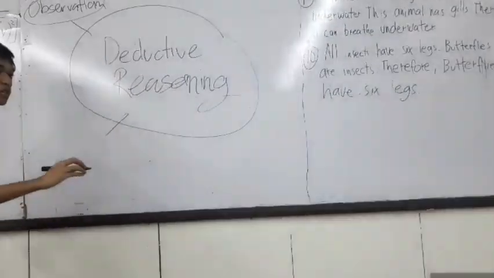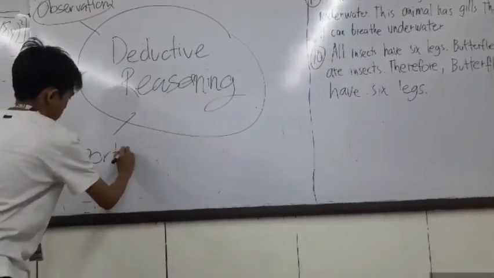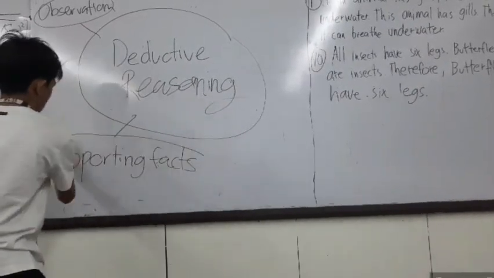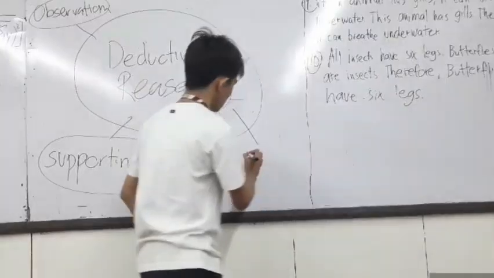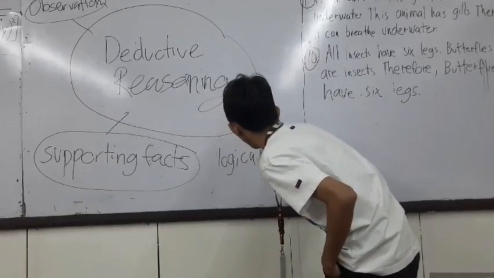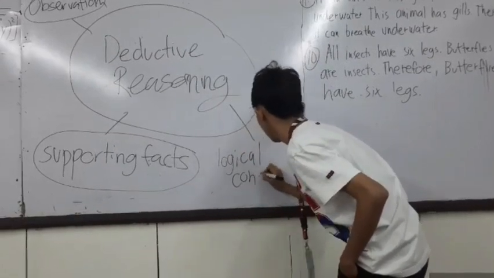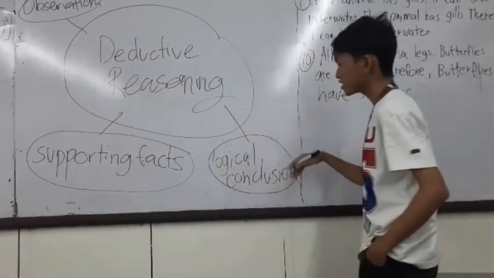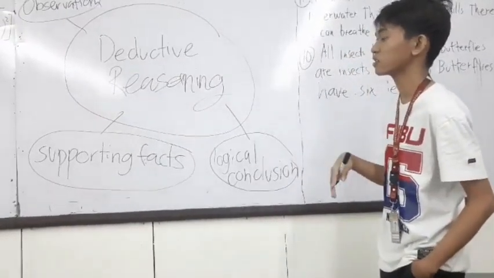Second is a supporting fact. And lastly, a logical conclusion. With these three, it supports what deductive reasoning really does.